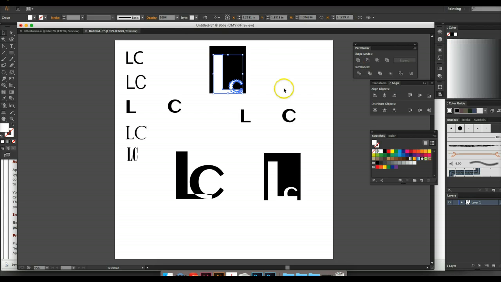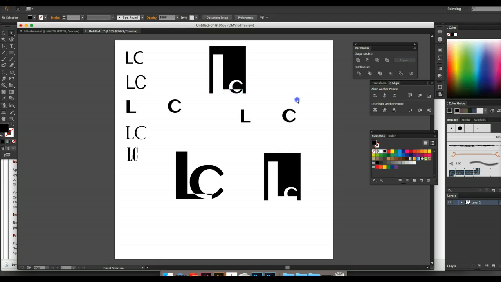Let's play around with the divide tool. Maybe where this overlaps, we make that black. Okay. Maybe you actually bring some of the letter form completely off the edge of the format, or let's make it really large here.